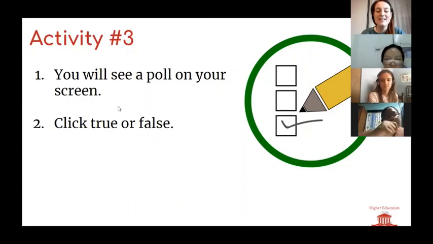Number 3, you can't be a strict teacher in a student-centered classroom because you should be the student's friend. This is actually false. You can be strict with rules in a student-centered classroom still. You can still have rules.